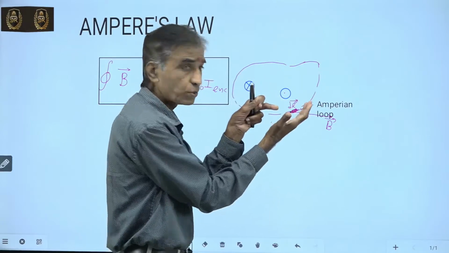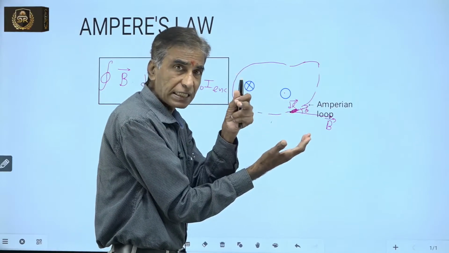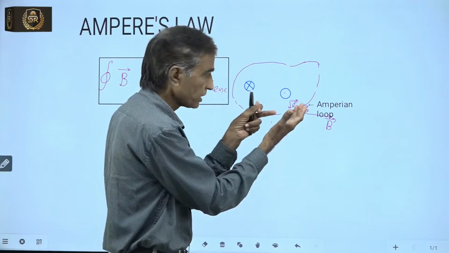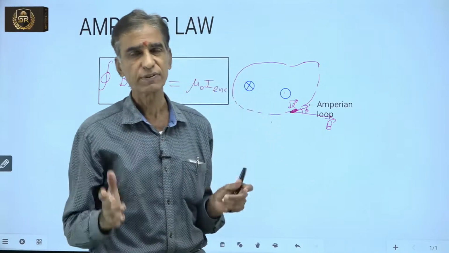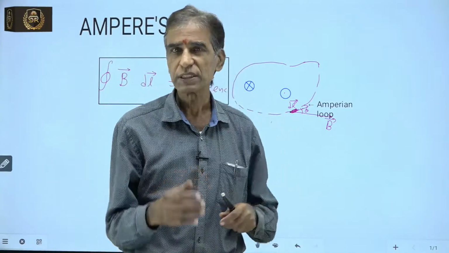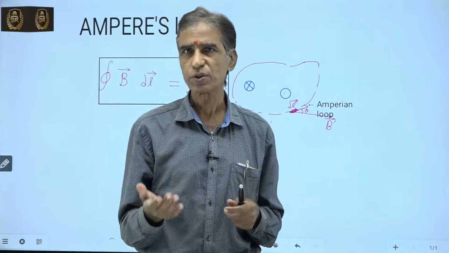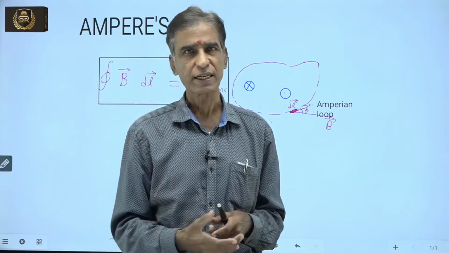If the thumb is coming towards us, the current is coming out of the plane. If the thumb is going into the plane, then the current is going into the plane. That is simple. Once again, to know the direction of current, we stretch our palm with fingers in the direction of integration, here anti-clockwise. Generally, out of plane we take positive, into the plane we take negative.